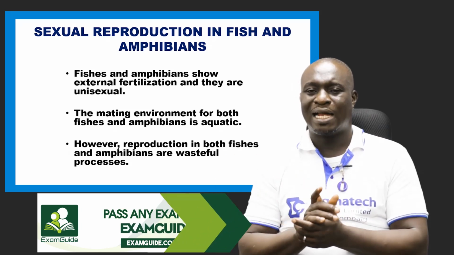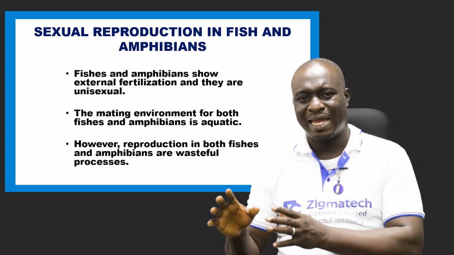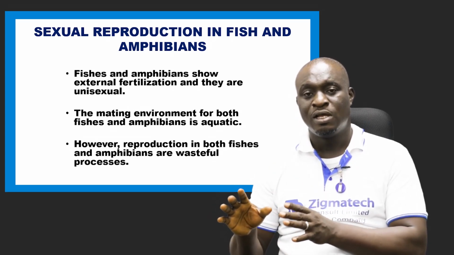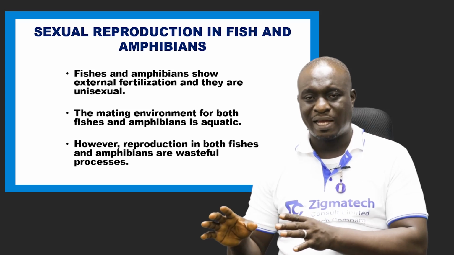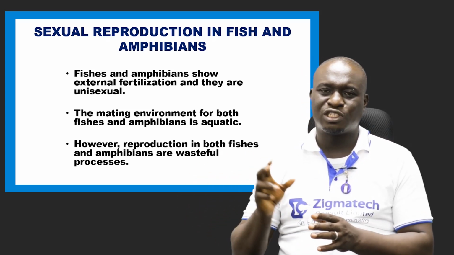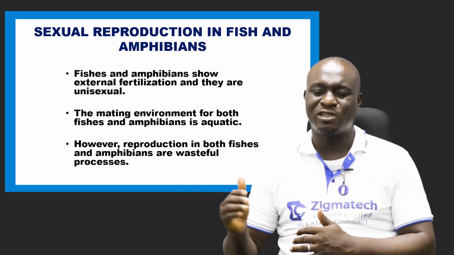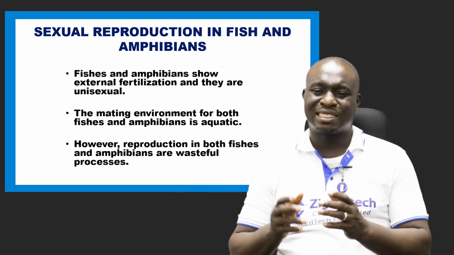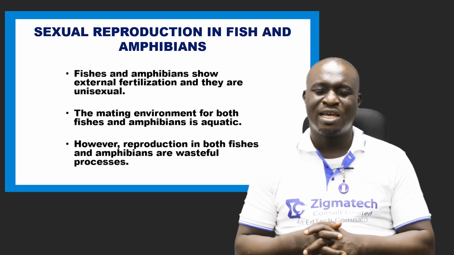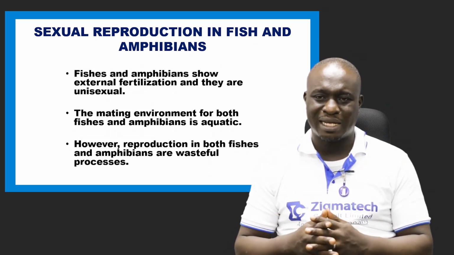And then the female releases her eggs. A mature female releases her eggs there, and the male simultaneously releases sperm cells to fertilize them externally. And that is how sexual reproduction is carried out in fishes or in Pisces.